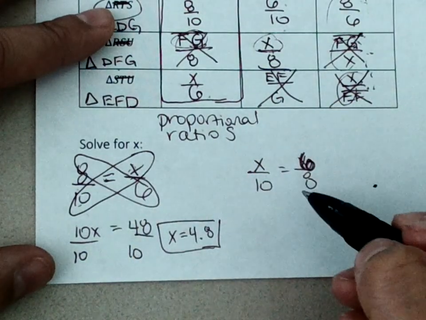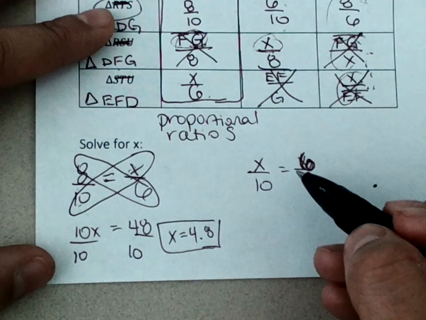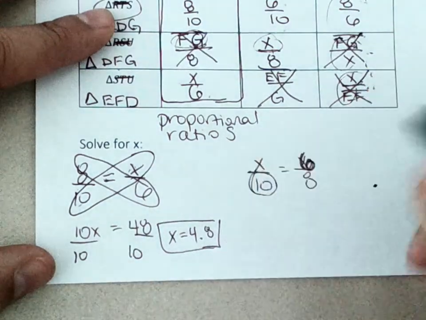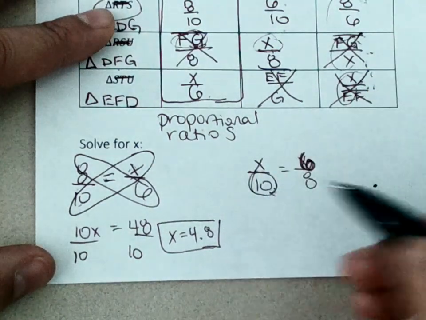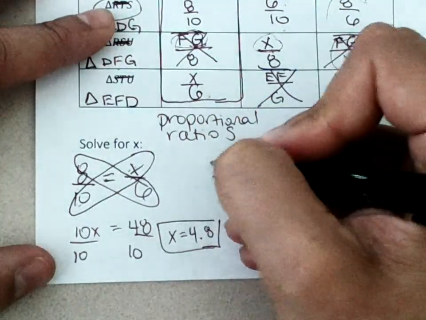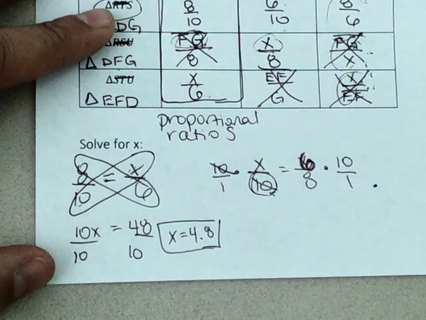In this one, we could do cross multiplication again, or we could use the method that you also learned from middle school, where we want to get rid of the 10 because it's dividing. So the opposite of division is multiplying. So we can multiply by 10 over 1, and those cancel. And then we multiply by 10 over 1 here.